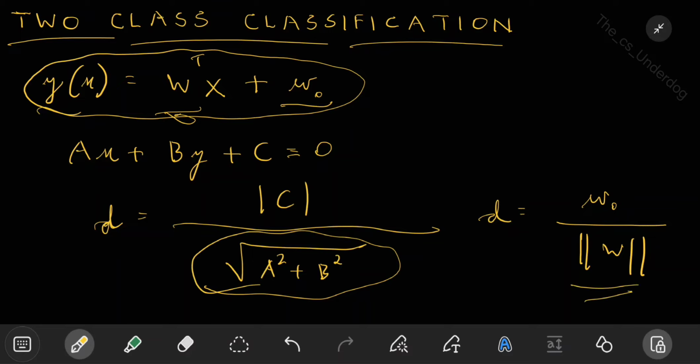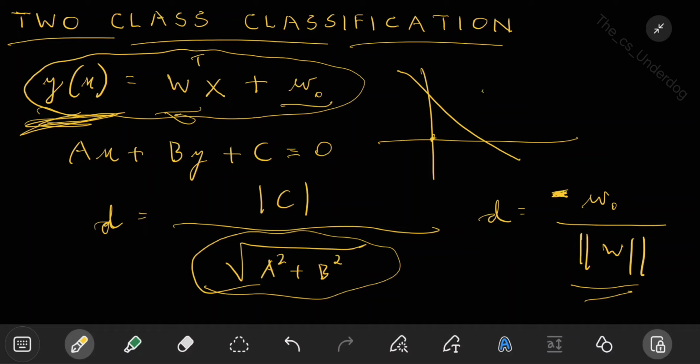And here, ideally, you should have a minus sign in case of this decision boundary. The reason is that if you're having a decision boundary like this, if you're having origin here, this origin will correspond to a point for which the value of y of x is less than 0. So in order to show that signed distance, you generally put a negative sign here.